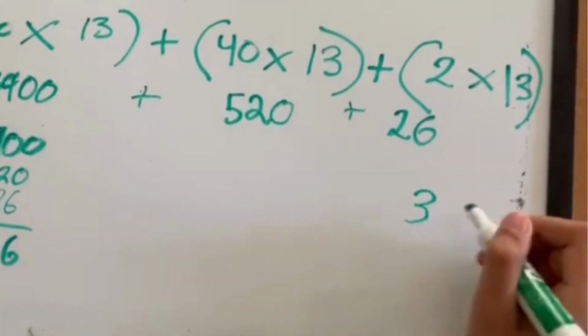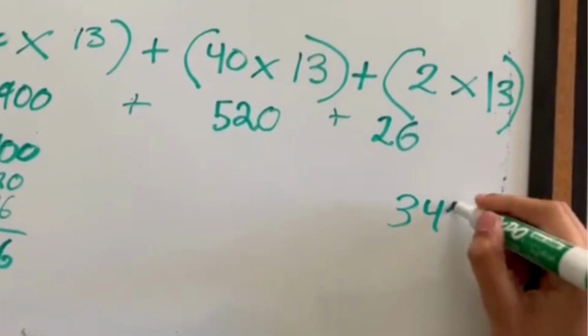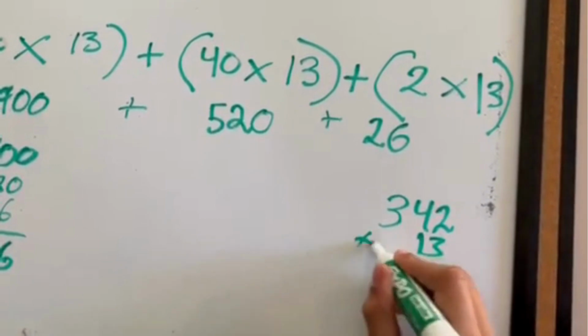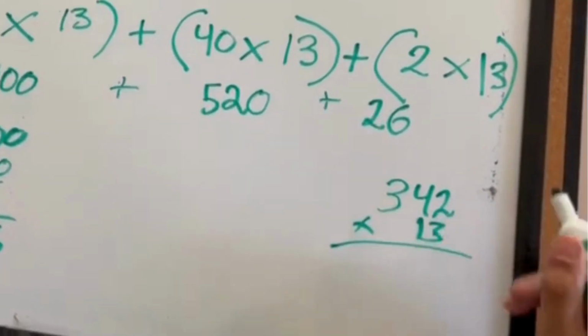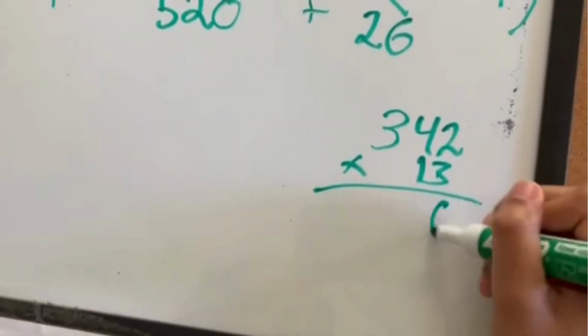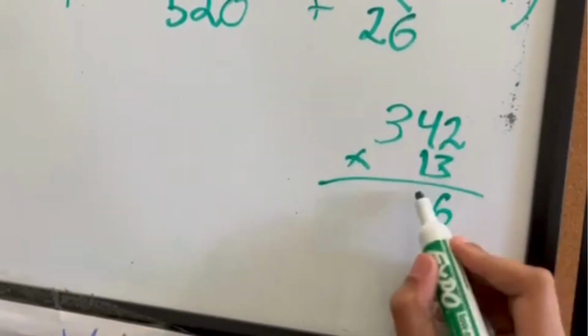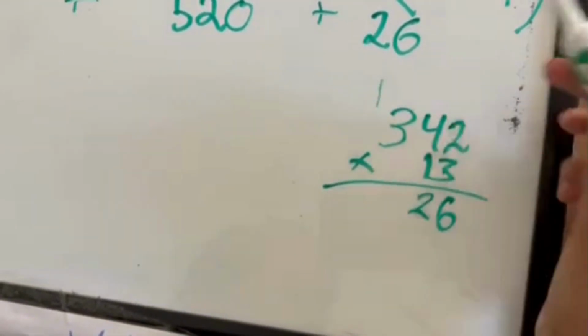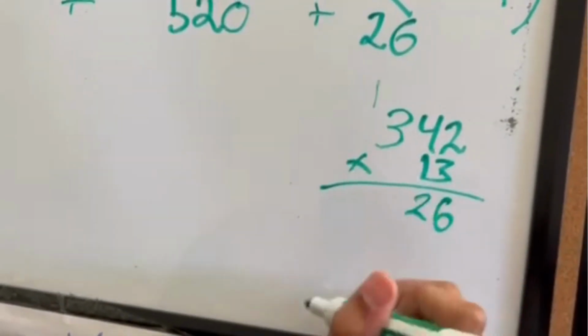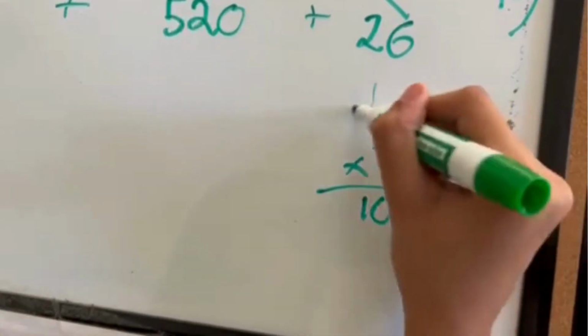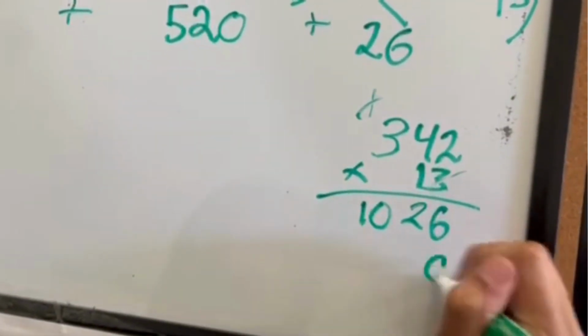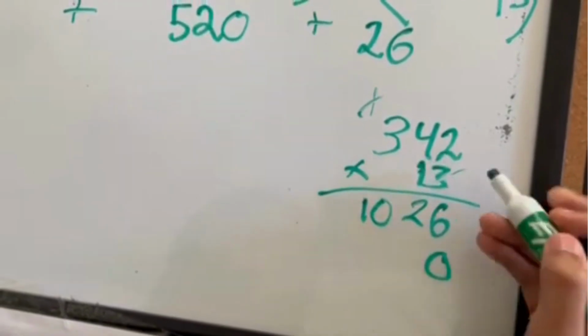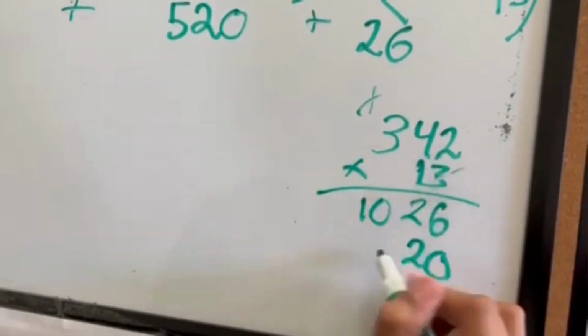I'm again going to use the standard algorithm. 3 times 2 is 6. 3 times 4 is 12. Carry the 1. 3 times 3 is 9, plus 1 is 10. Cross them out. Add the placeholder. 1 times 2 is 2. 1 times 4 is 4.